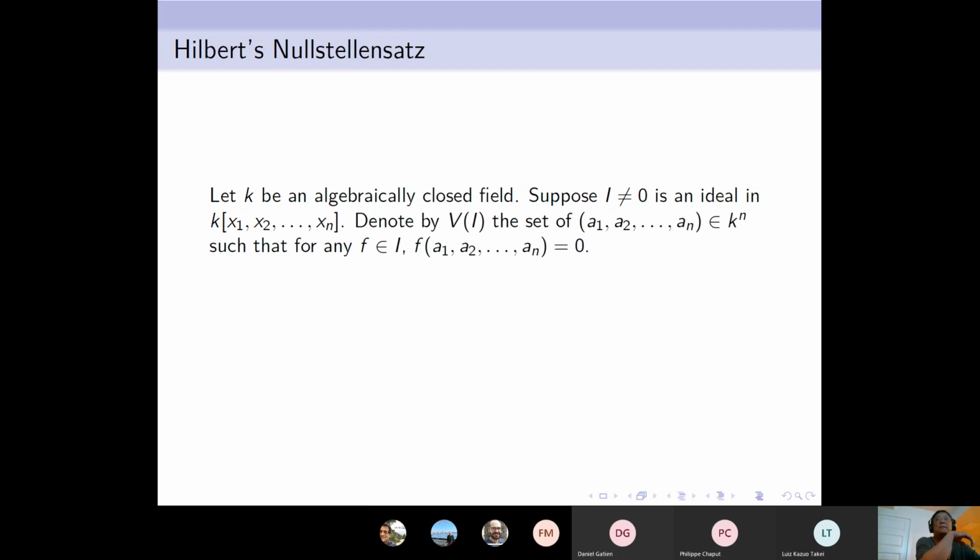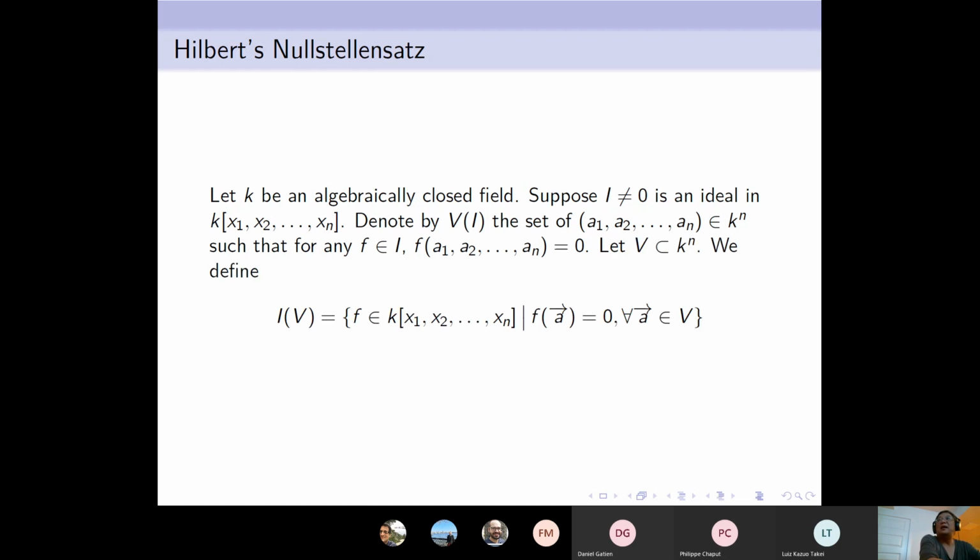So that's called V(I). And we can also define it in the opposite way: given a non-empty subset V in K^n, we define I(V), which means the polynomials that equal 0 if we plug in all elements in V. This gives us a set; actually, this is an ideal, it can be proved.